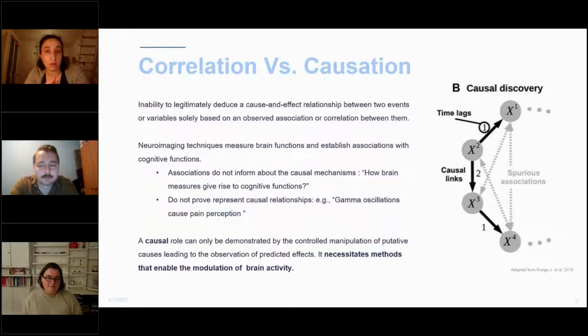And this causal role can only be demonstrated if we alter the brain function, and we do it in a controlled way. And this is only possible through neuroimaging techniques that actually stimulate the brain. And we are going to see, hopefully, some of those later tonight.